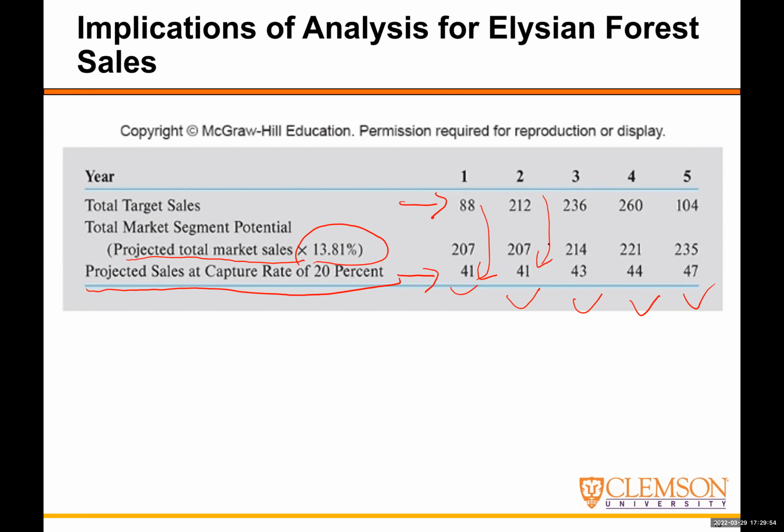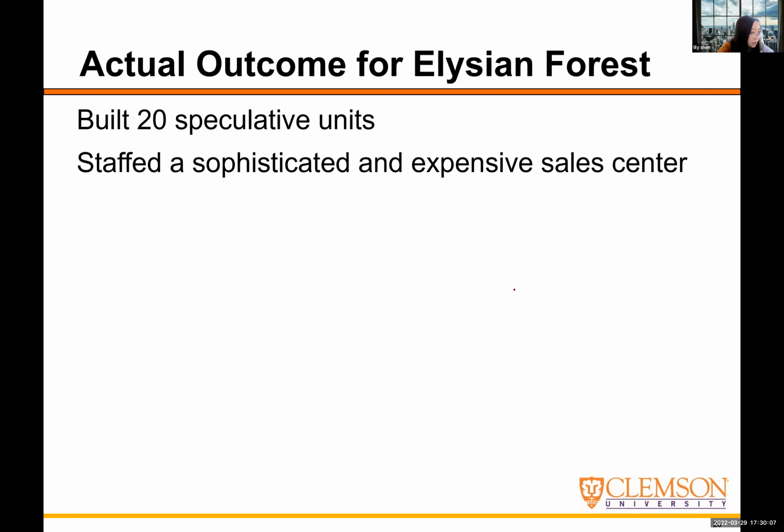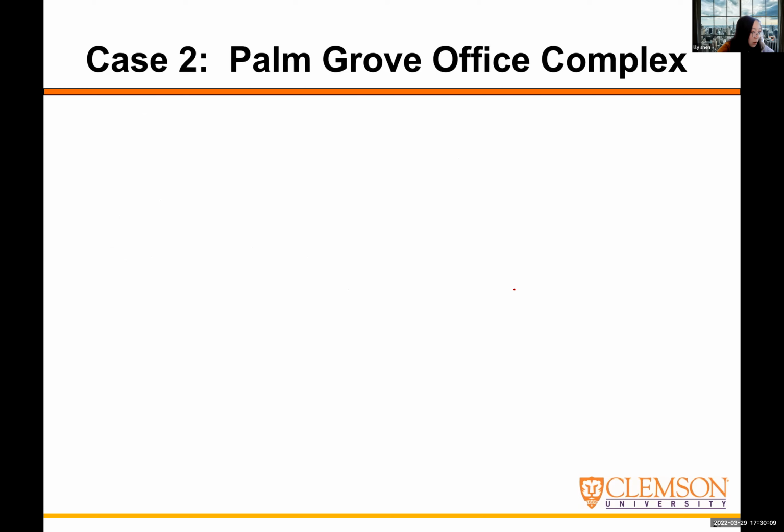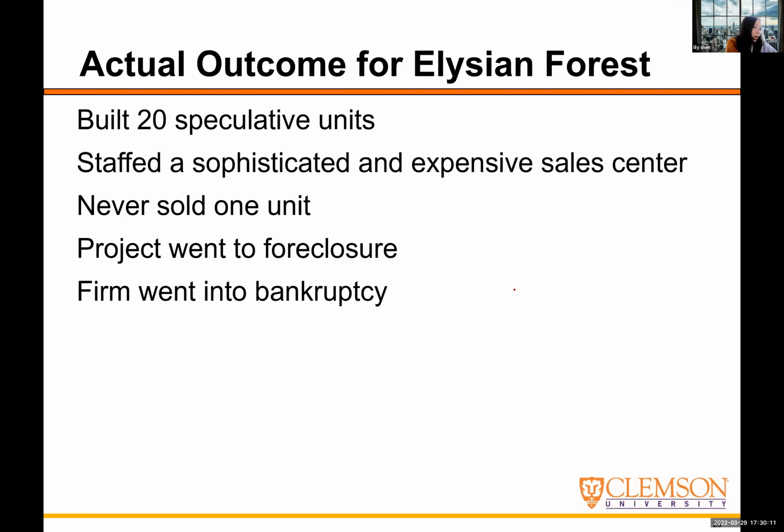It's not as many as they wanted to make. Exactly, right? They will make more than 200, but realistically, they will only be able to sell about 40-some units every year. So overall, they built 80, they built 20, but they were not able to sell.